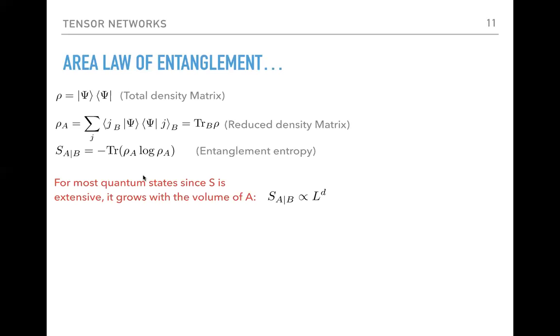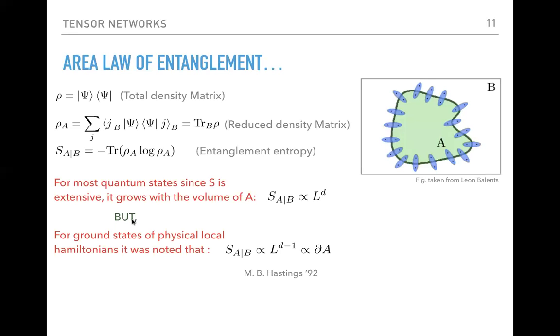But actually, the interesting aspect is that for ground states of physical local Hamiltonians which are also gapped, it was proven that this only scales like the boundary of the two subsystems. So not the area of A is the quantity that you have to look at, but the boundary. And this is what is called the area law of entanglement.